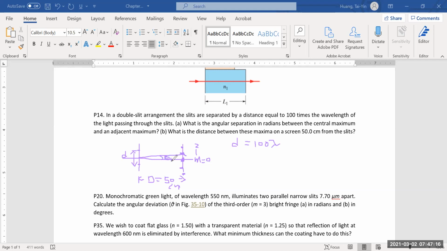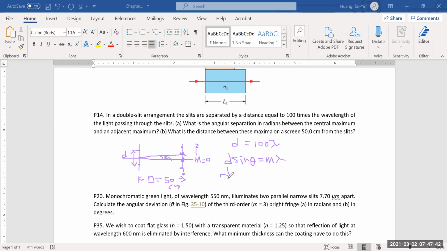So this is the double slit interference pattern, and the bright fringes can be found by using this equation: d sine theta equals m lambda, that's for bright fringes. When m equals 0, that's the central maximum, and when m equals 1, that's the first order maximum.